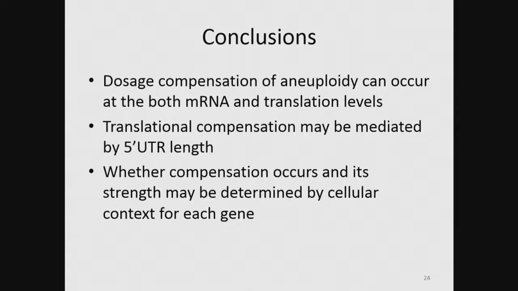And because there's no general compensation happening in all the cell lines, I speculate that whether the compensation happens and the strength of the compensation depend on the cellular context of each cell line or each gene. So I think we should go to a systems level analysis to really answer why they are different.